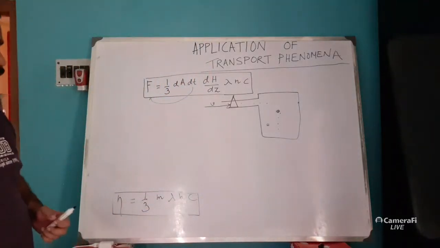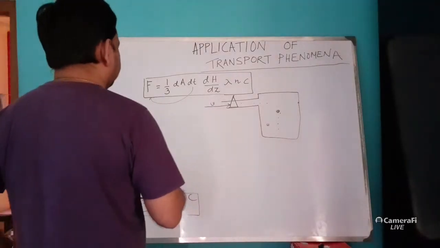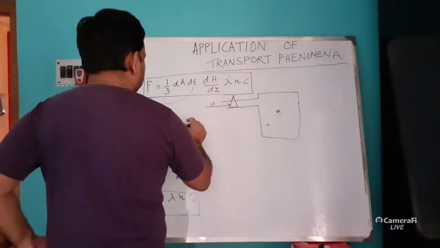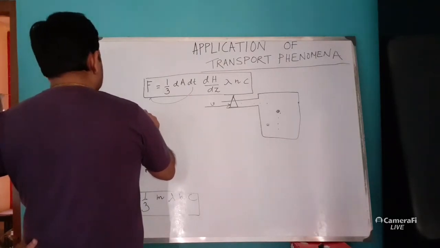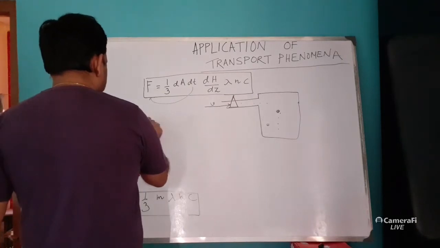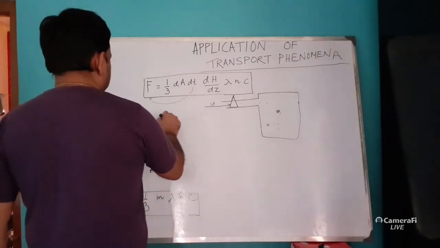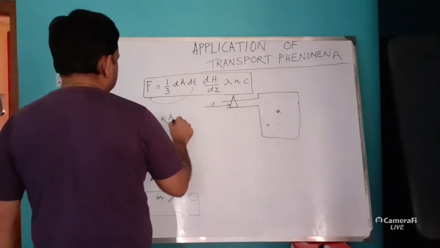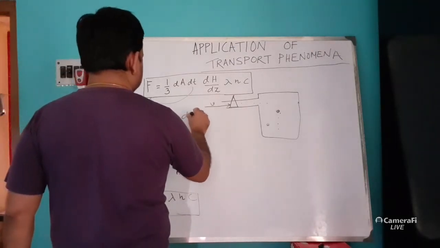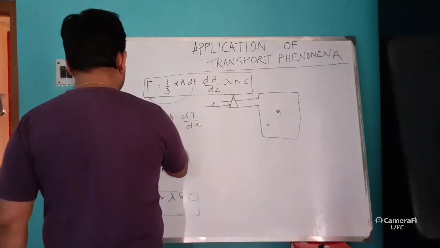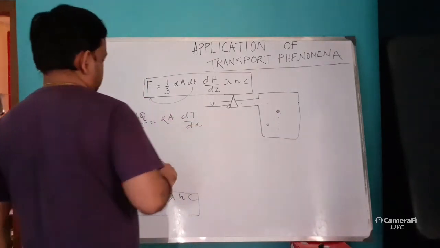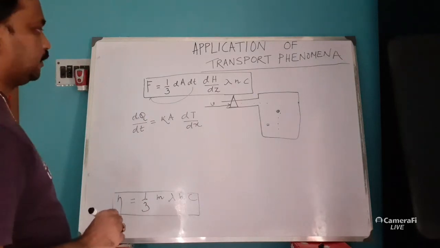We can do it in this way. Suppose dq by dt is equal to K A dT by dx. So this is the thermal conductivity equation.